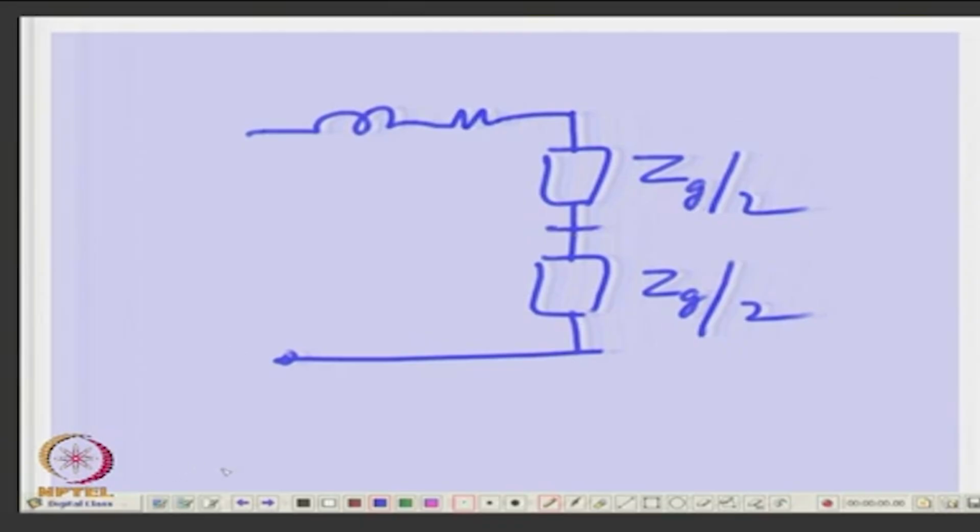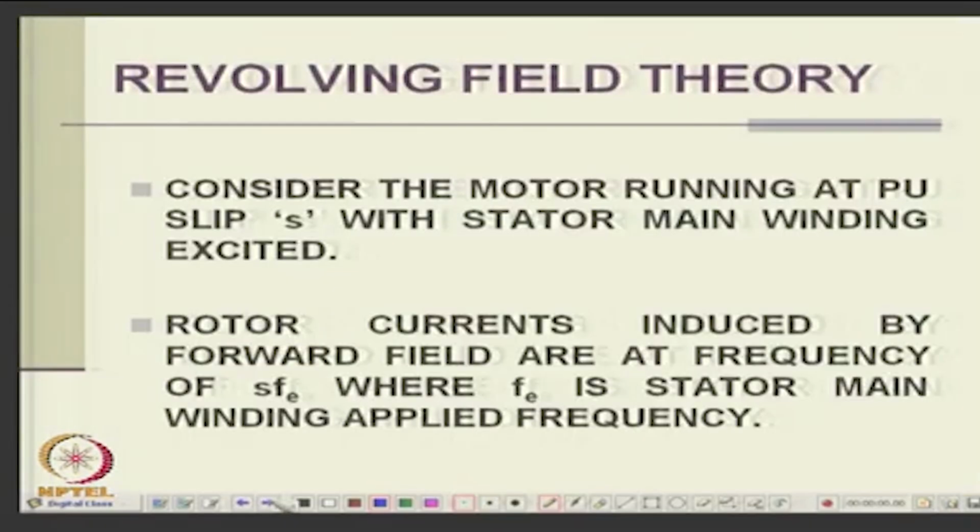Whatever impedance was there with Zg looking at the air gap, I split it into two, and I say this is EMF, EMB. Now, in this case Z is the same. I hope till now it is okay.